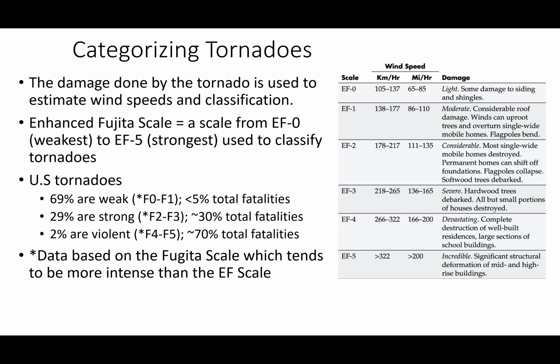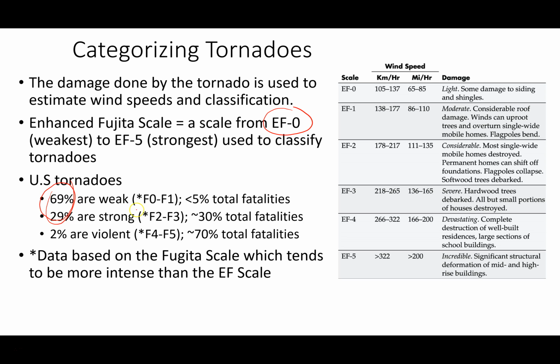All right, so categorizing tornadoes, they're not a 1 to 5, they're a 0 to 5. Interesting. So they are on a different scale than hurricanes. They are in the Enhanced Fujita scale, and by far most are tame.